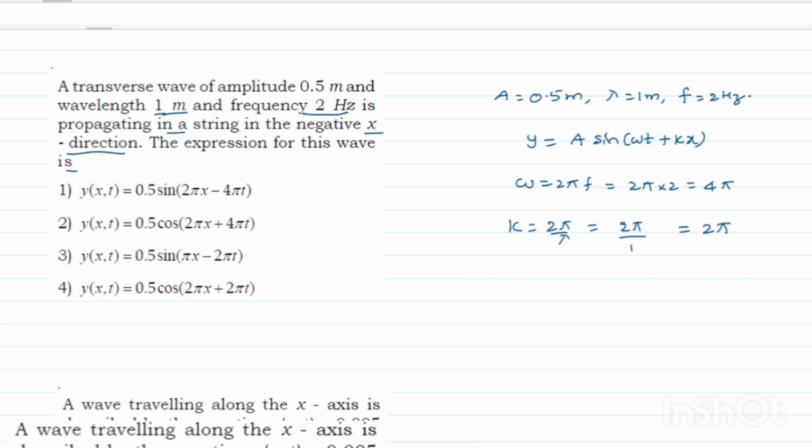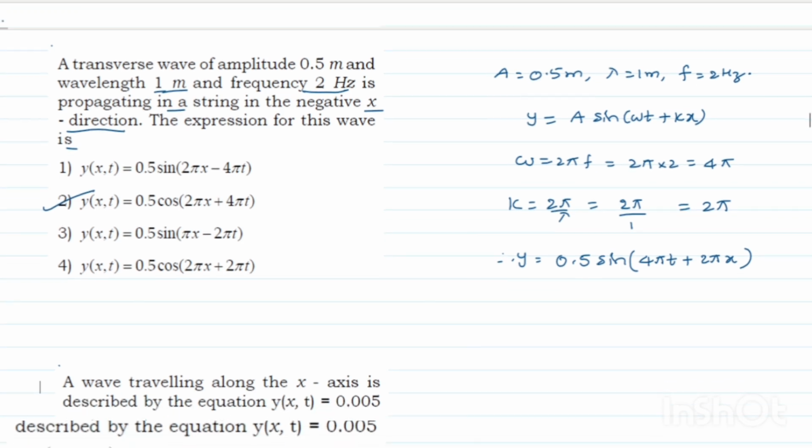Then y equals a sin(omega t plus kx), with a as 0.5, so y equals 0.5 sin(4 pi t plus 2 pi x). So the answer will be 2 pi x plus 4 pi t. So the second one is the correct answer.